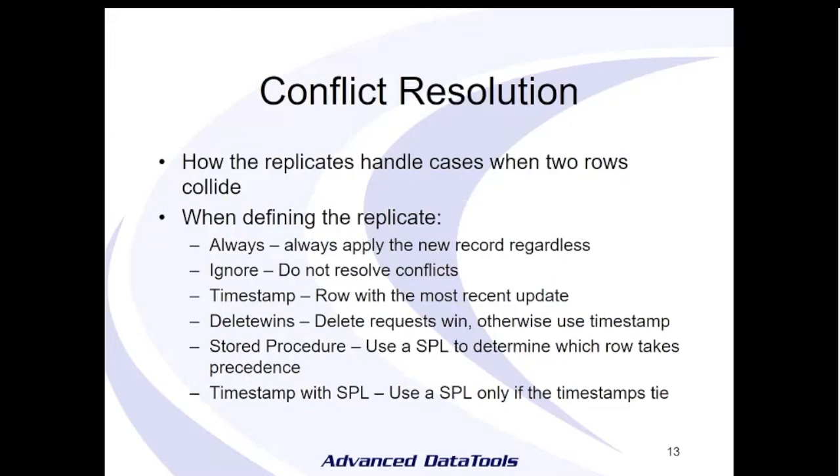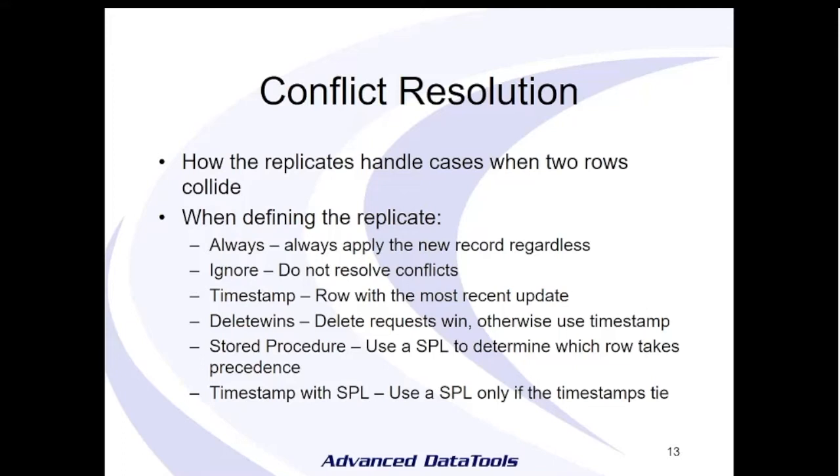And there's a number of ways to do it. The first one is you always apply. So it doesn't matter, just whichever one hits last is what that value is going to be. The second one is ignore, which means you just don't resolve conflicts. They work fairly similarly in spread out environments, but you can do that, and it just doesn't bother with conflict resolution.